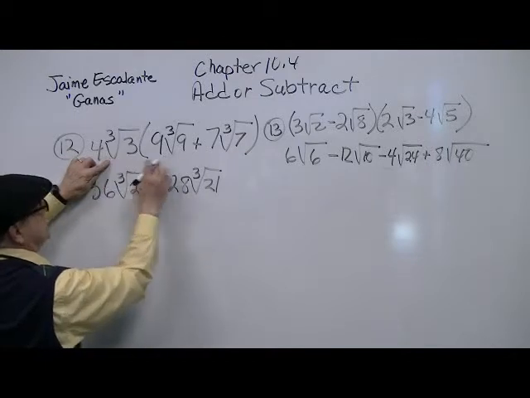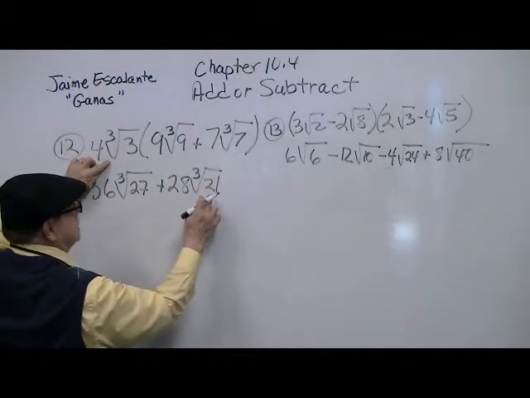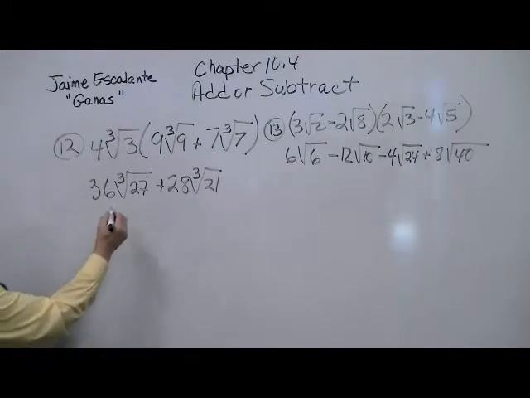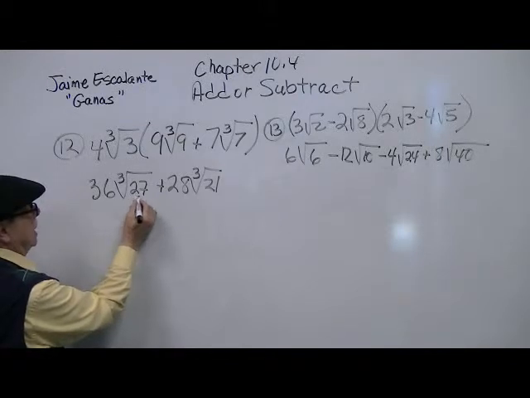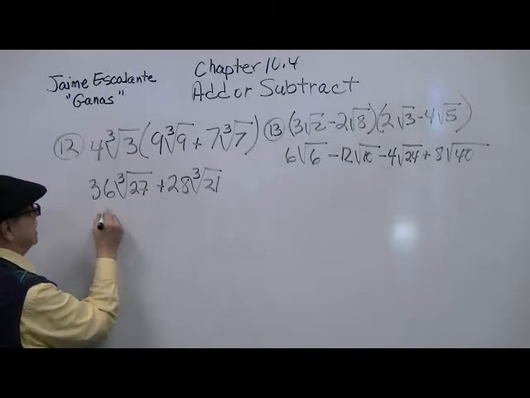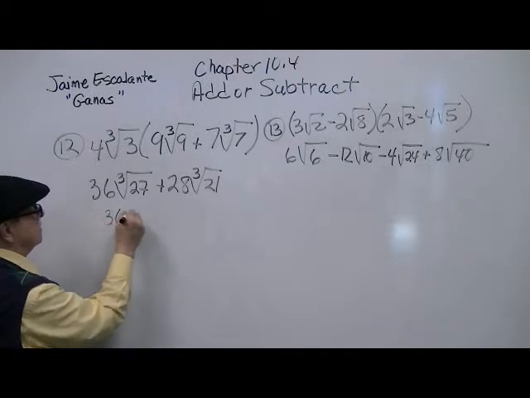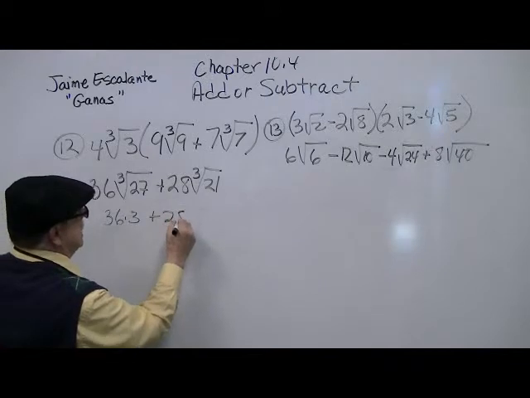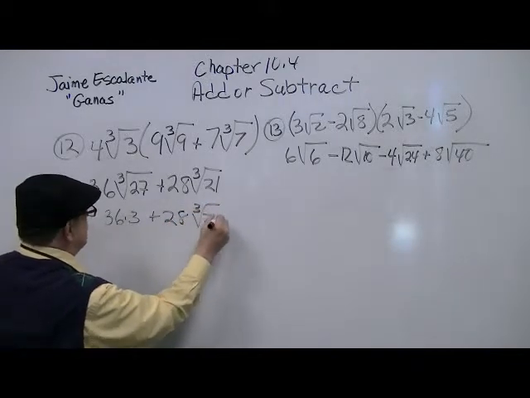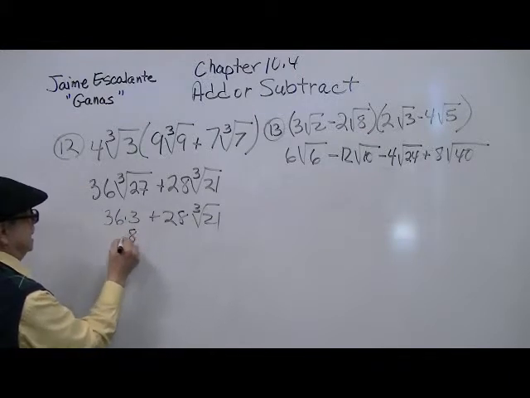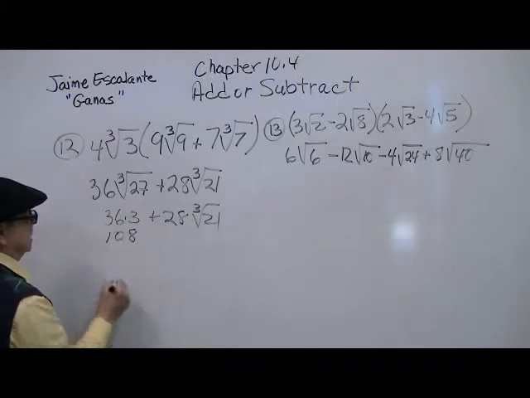The cube root of 3 times the cube root of 7 is the cube root of 21. Now you might think you're finished, but remember the cube root of 27 is 3. So this becomes 36 times 3 plus 28, the cube root of 21. And 36 times 3 is probably 108.